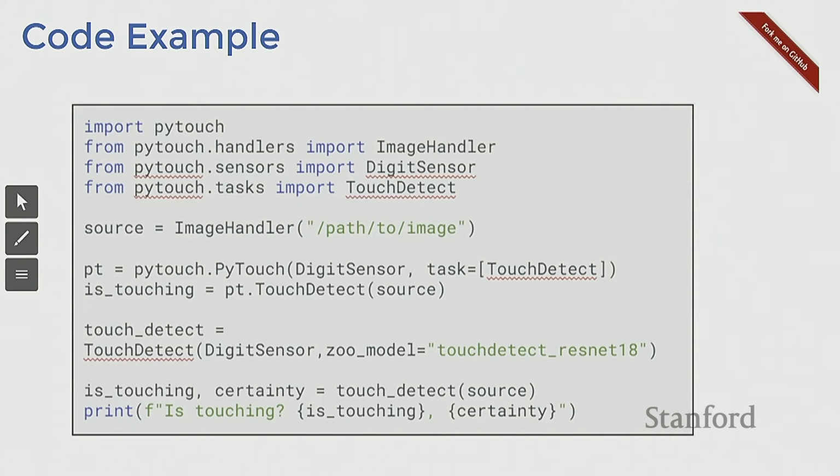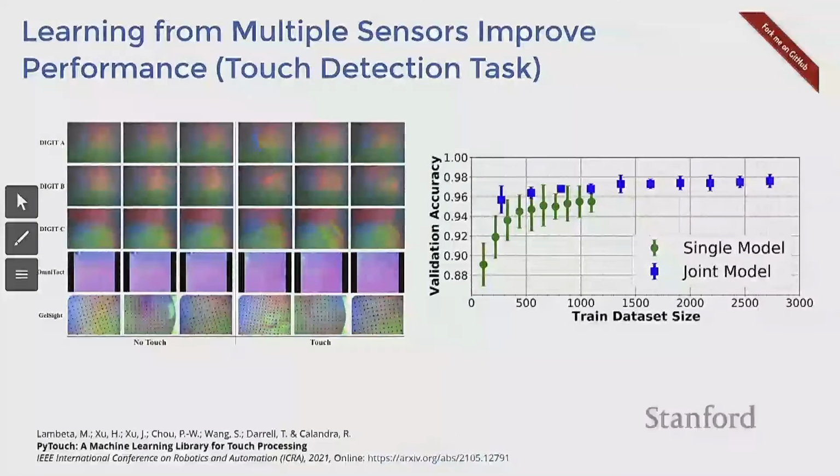And this also starts enabling us to ask scientific questions. One of the scientific questions that we, mostly as a curiosity, tried to answer in this work is whether, for example, we can learn features that are generalizable across different vision-based tactile sensors.